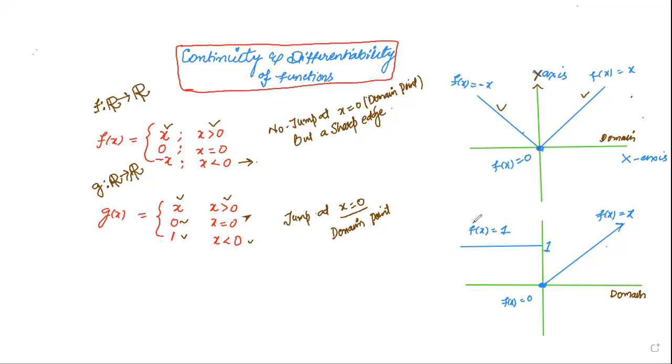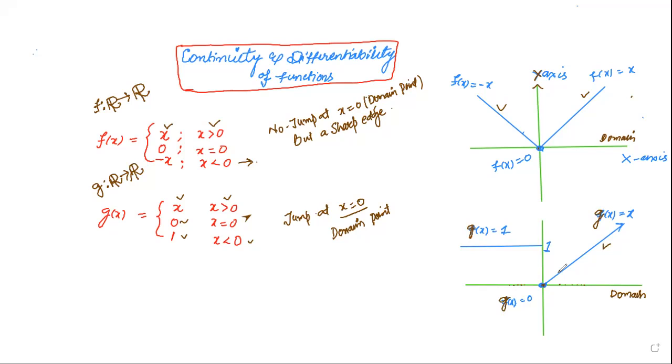Now for g, this is not f of x, in fact this is g of x. So it also has three branches, one for x greater than 0 when x is positive on this axis, one for x less than 0 where its value is 1, and one for x equal to 0.